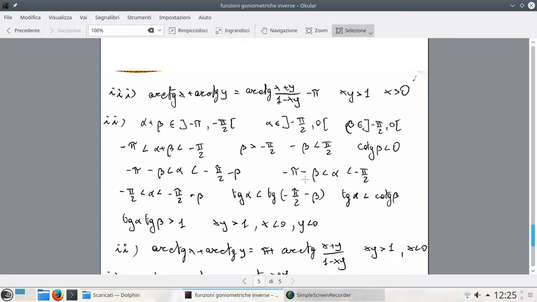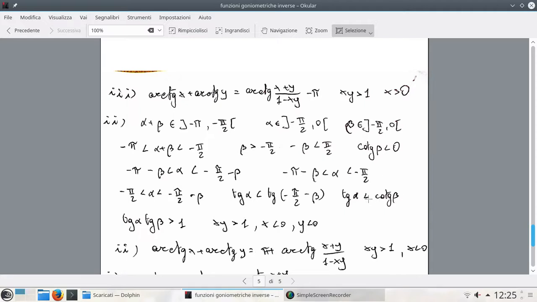minus pi minus beta less than alpha less than 1/2 of pi, and considering that minus beta is less than 1/2 of pi, we can strictly constrain alpha between negative 1/2 of pi and negative 1/2 of pi minus beta, and taking into account the increasing ratio of the tangent, we have tangent alpha less than tangent of minus 1/2 of pi minus beta, which becomes tangent alpha less than cotangent beta.